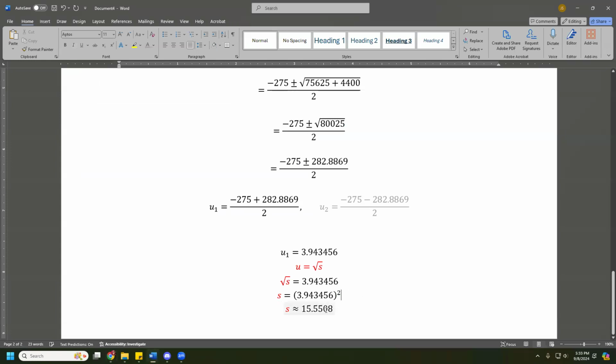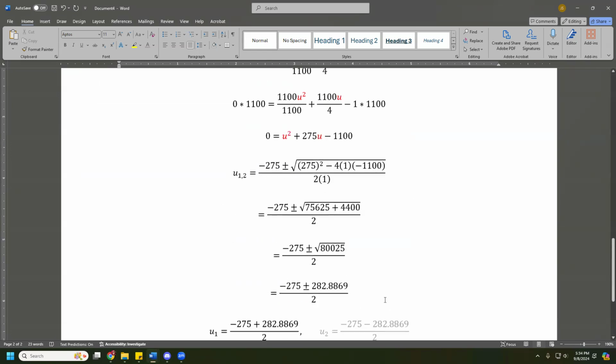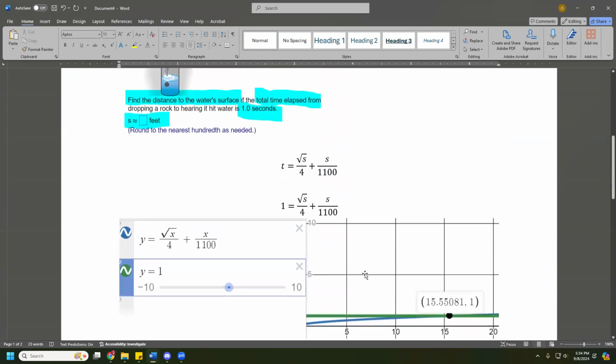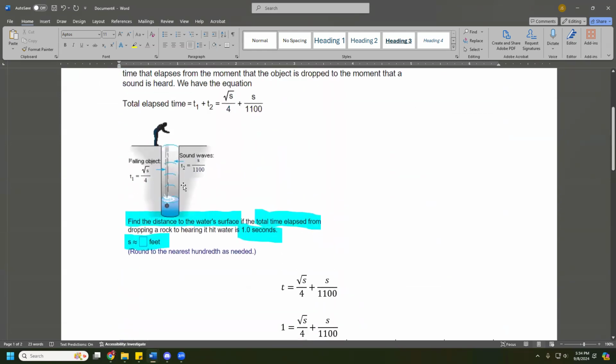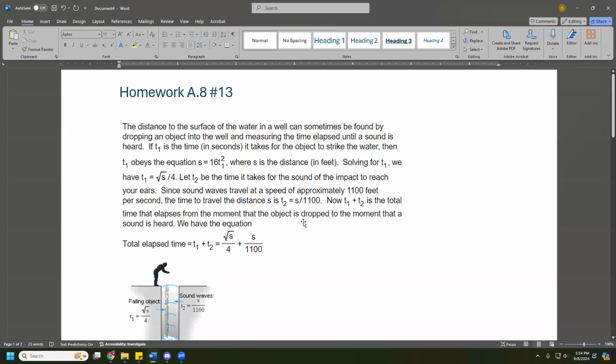Mine came out to 15.5508 when I did all this approximation, but that's fine. So you can see why this one is fully intended for you to be done on the calculator. Doing this by hand is kind of a nightmare with all the numbers. But in any case, this is how you find the answer to the dropping a stone into a well question.